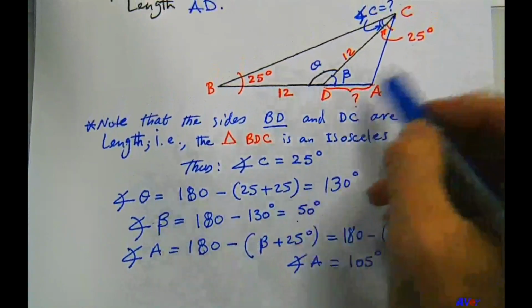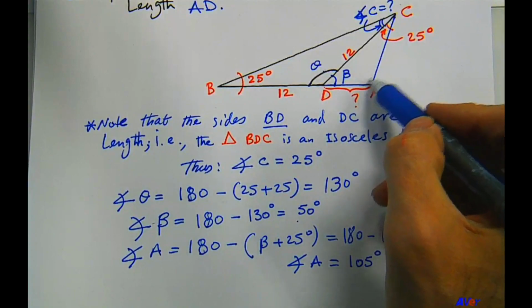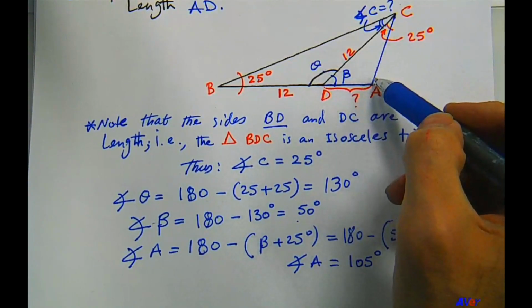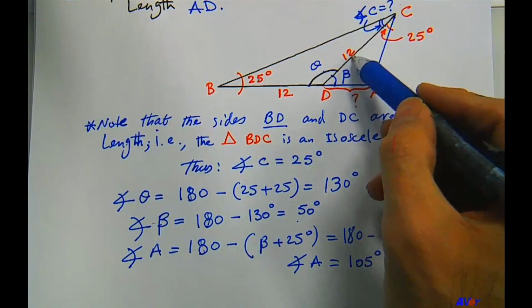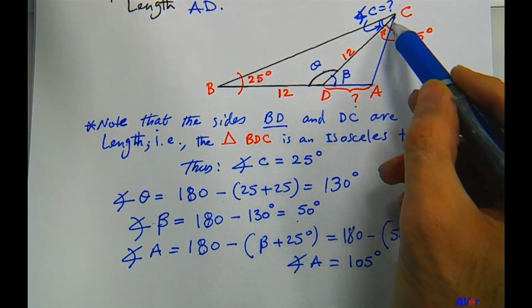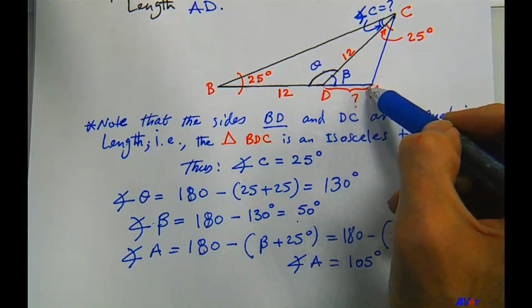Okay, so we were looking for AD. Now we can use the law of sines, because we know what A is, which is 105. So sine of A divided by 12 is equal to sine of 25 divided by AD, right?